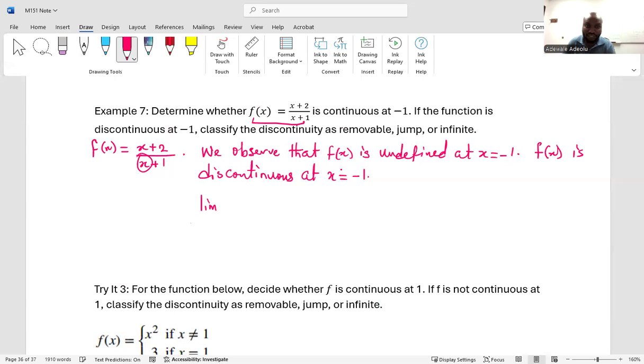So let us see the limit from the left as x goes to -1 from the left of f of x. So x plus 2, oh, sorry.